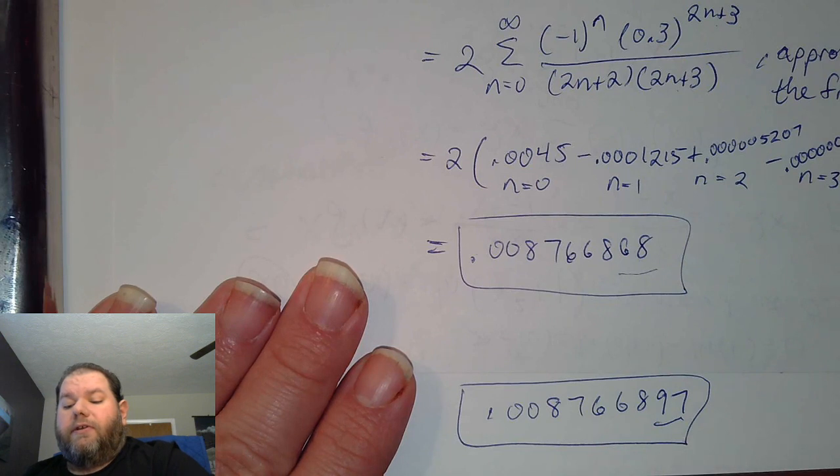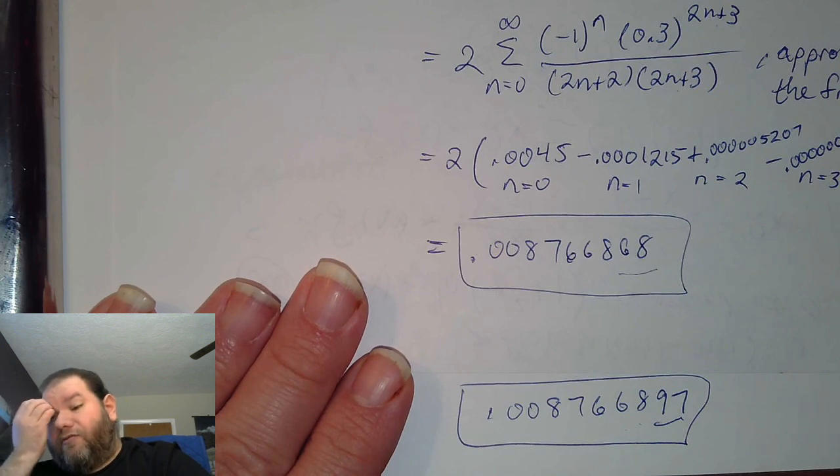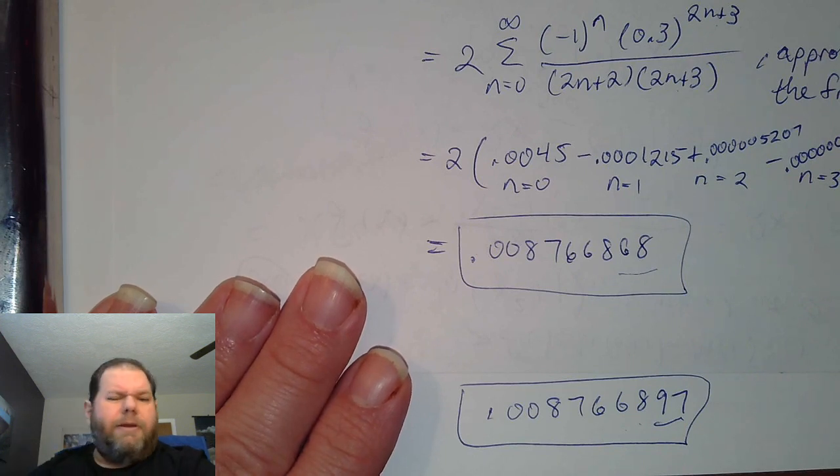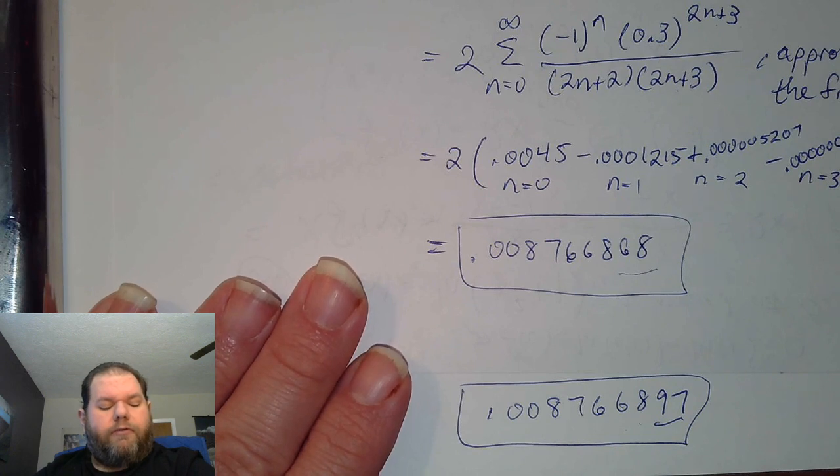There are 1, 2, 3, 4, 5, 6, 7 decimal places of accuracy with only the first 4 terms of that approximation, which is really nice that it only takes 4 terms to be this accurate. It depends on going from one function to another, but it turns out for logarithm it actually goes kind of nice.